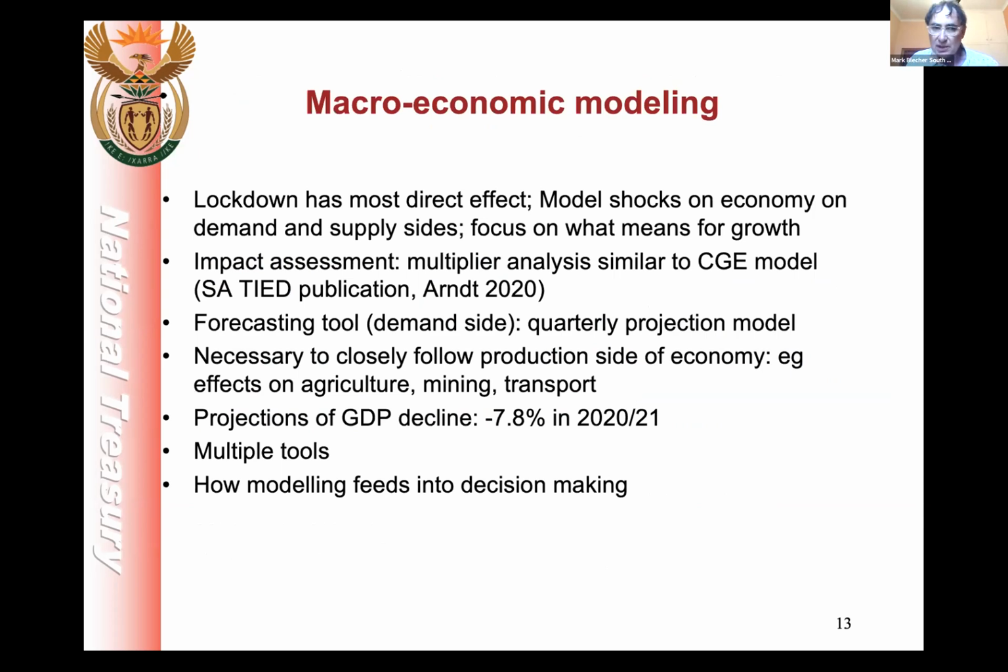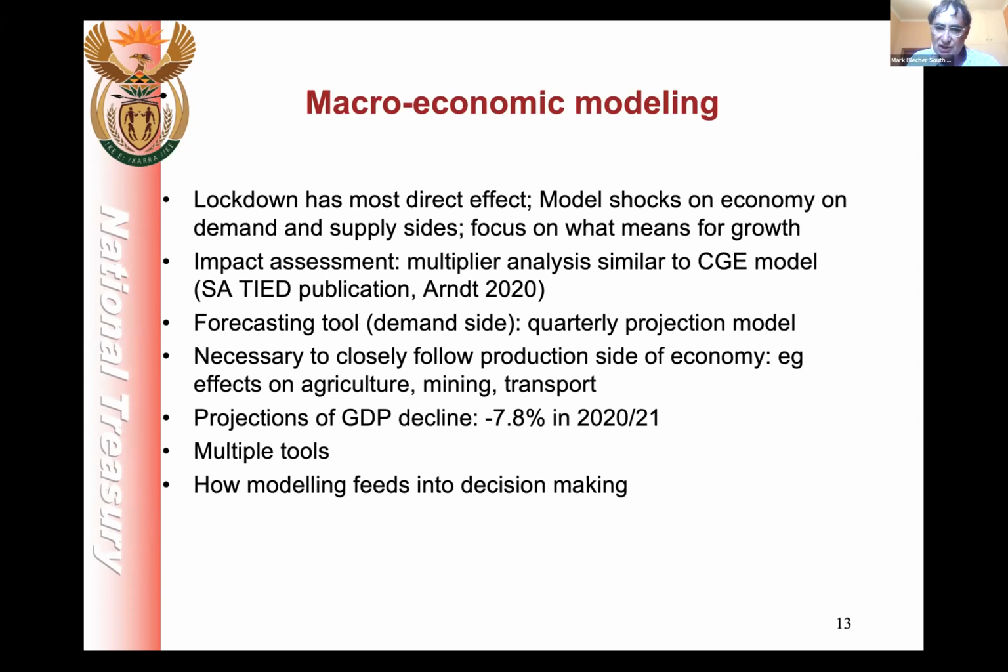So on the macroeconomic modeling, the lockdowns have the most direct effect. Even my colleagues in the WHO talk about the effects of the COVID epidemic itself, but then the further effects from maybe not a well-executed lockdown. The models shock the economy on the demand and supply side, and our macroeconomists particularly focus on what that means for growth.